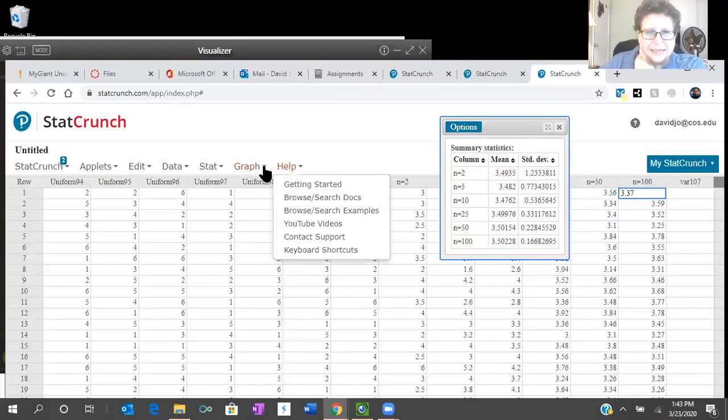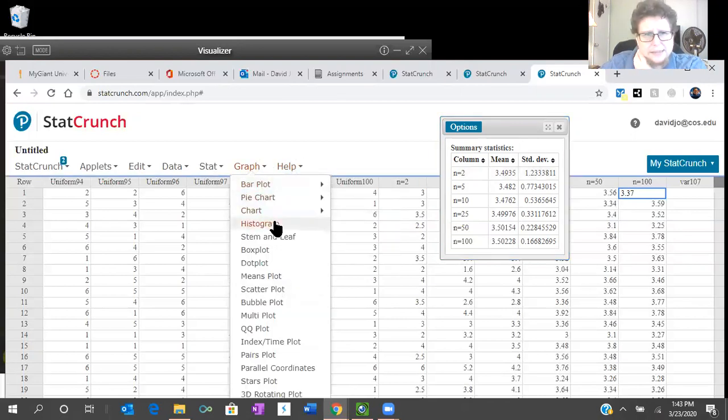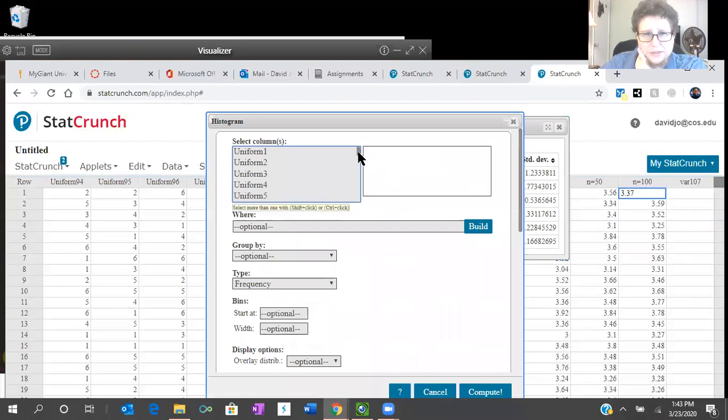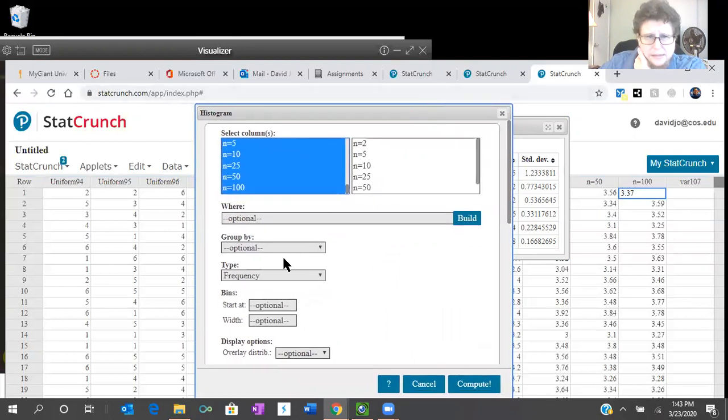Now, we can take a look at that by looking at the histograms. Let's take a look at the histograms of those columns. I'm going to tell it to start at 1, and let's give it a width of like 0.001. It gets pretty small in range right there, so let's go down to 0.01.